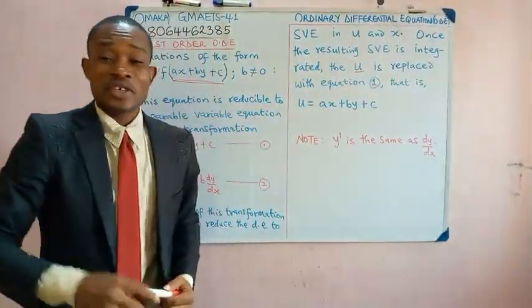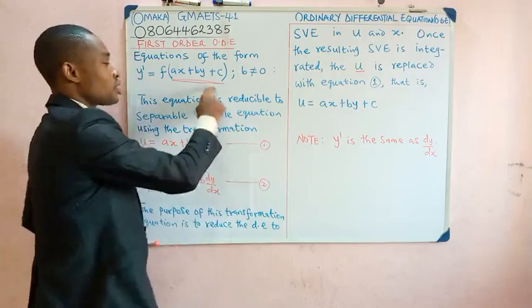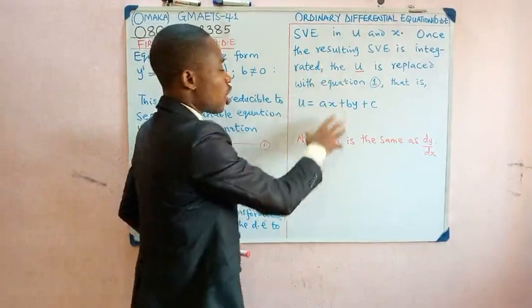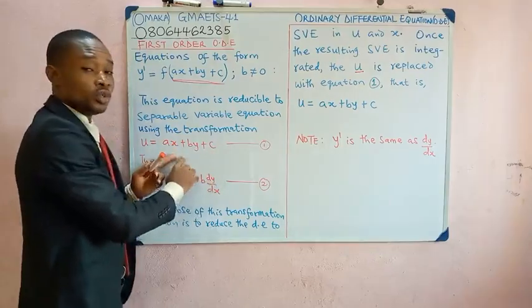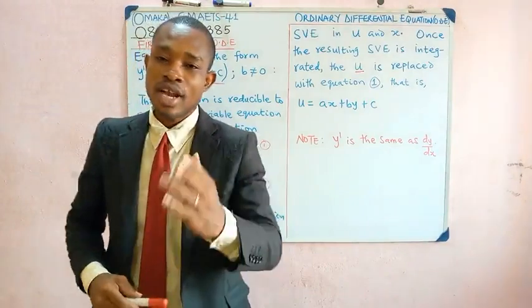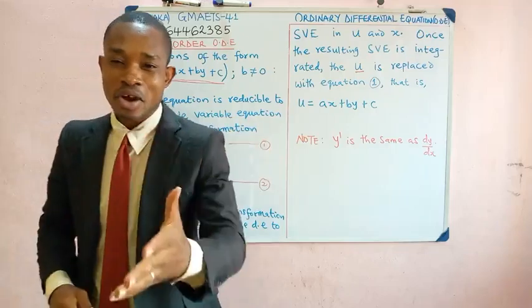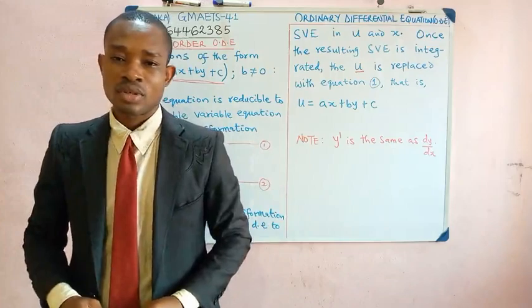Of course, your final result should be in x and y, being that the question given to you is in x and y. So at the end of obtaining your answer, all you need to do is replace u back with the value of u, which is ax plus by plus c. In the next video, we're going to take questions of this kind and solve them to see how we use this transformation to solve this problem.